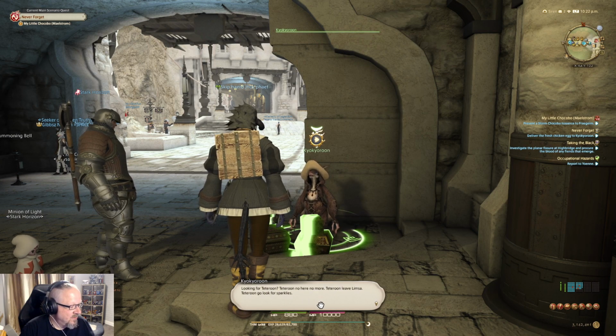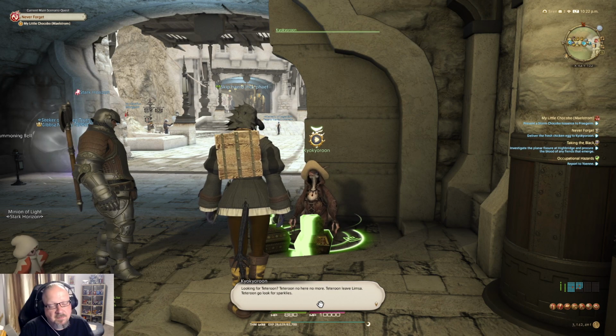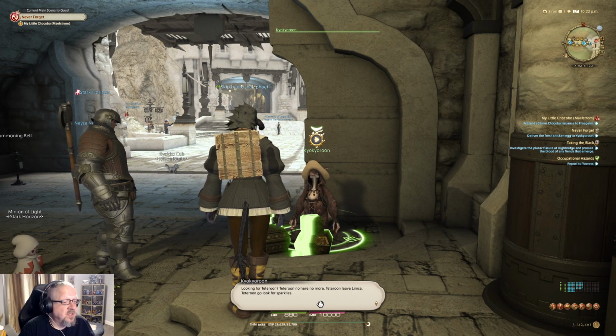Looking for Tetaroon? Tetaroon no here no more. Tetaroon leave Limsa. Tetaroon go look for sparklies. Now working at Trading Post. Good Trading Post. Forget where Trading Post is. Weinberg no Tetaroon. Weinberg no Trading Post. Weinberg at Ferry Docks. You go to Ferry Docks. Kyokyo-rune forget things. Weinberg remember things. You talk to Weinberg, not Kyokyo-rune.